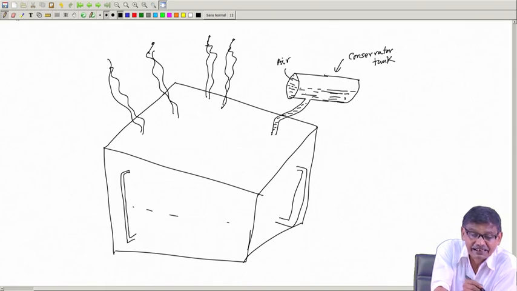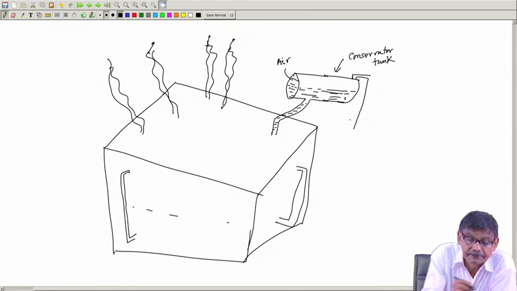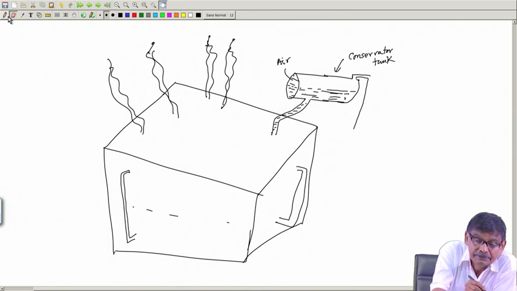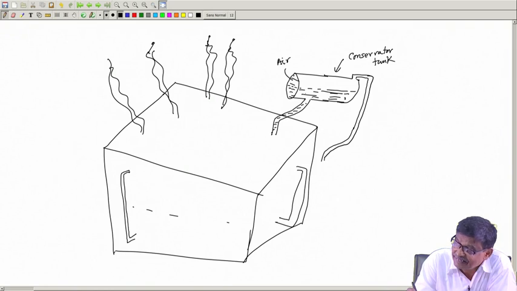So, what is done? Another interesting fitting is connected. Here from the top, you take out another piping here. This pipe is also filled with air.